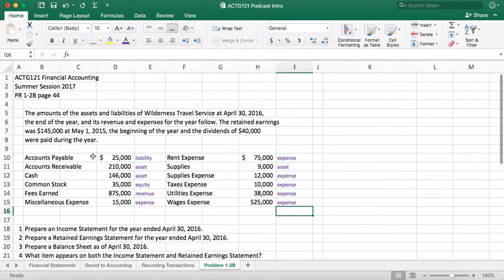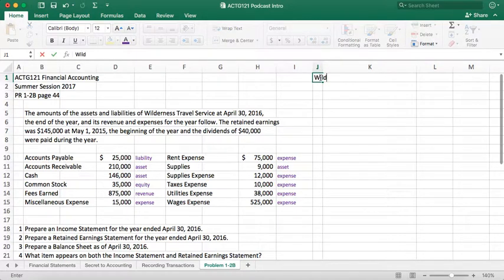Now, why is this important? Well, for the income statement, we need to list revenue and our expenses. So let's do that. The first thing we always need is a heading: Wilderness Travel Service.